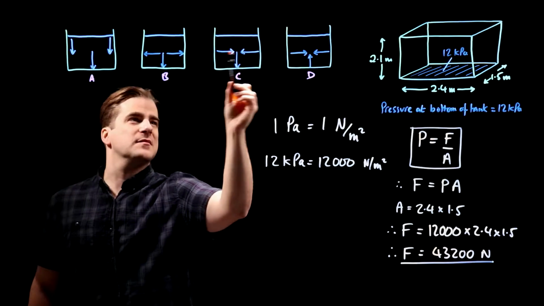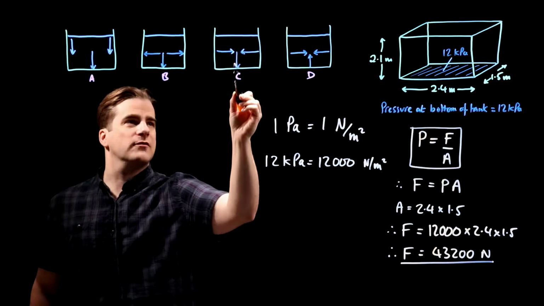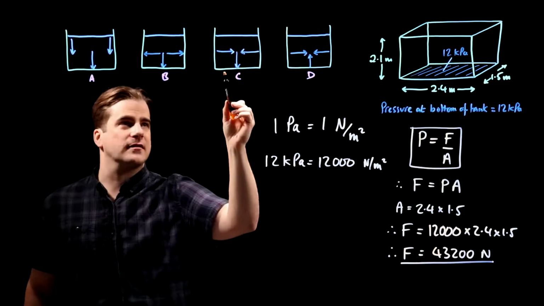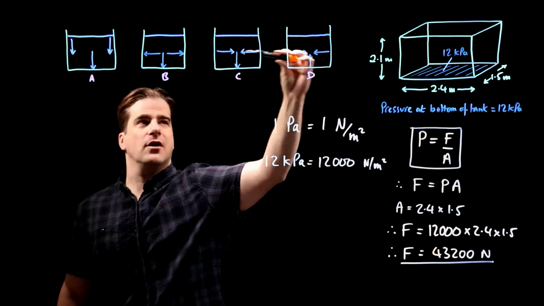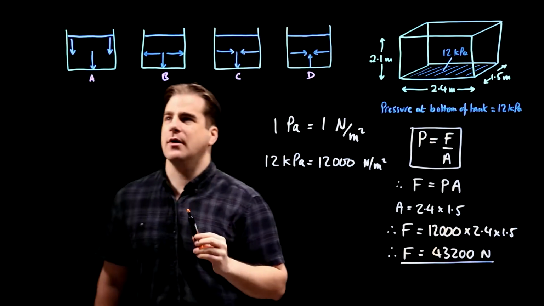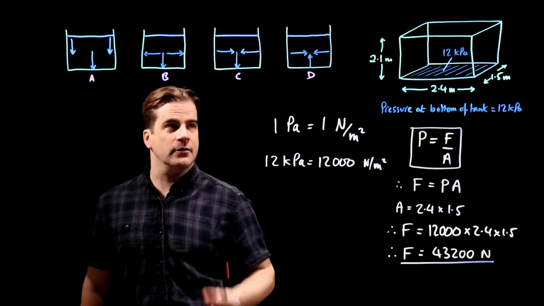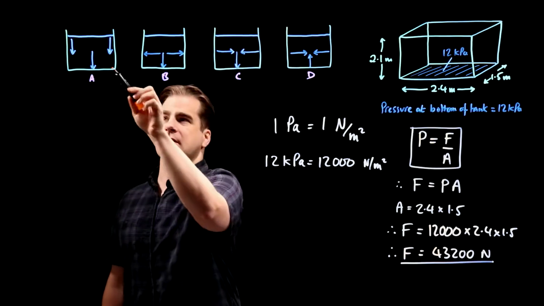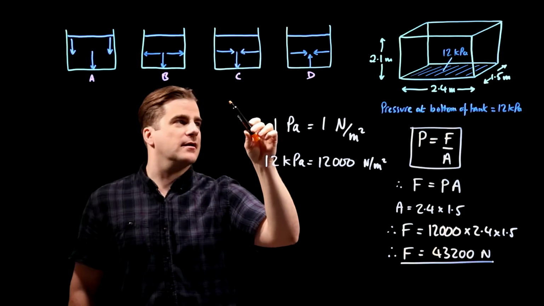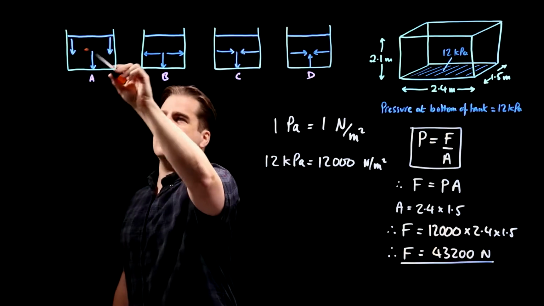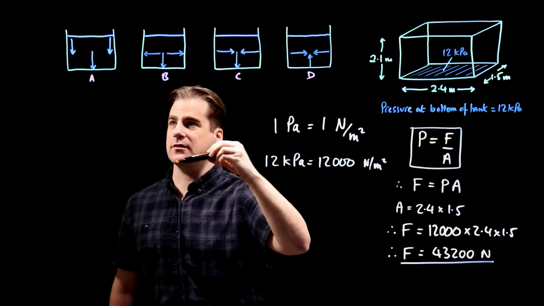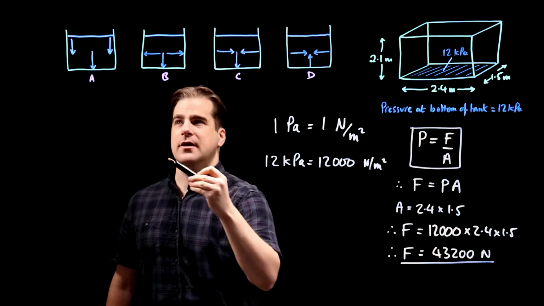This one is a mixture of both. You've got one force acting on the tank, but you've got these two forces acting sort of on the water. What about this one? Well, pressure acts in all directions. You have all these 3 arrows all pointing down, all the force going down.